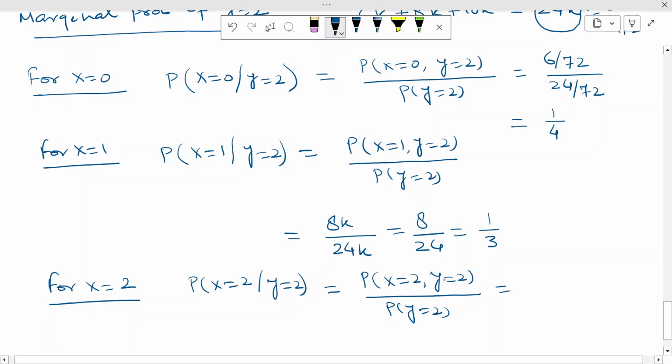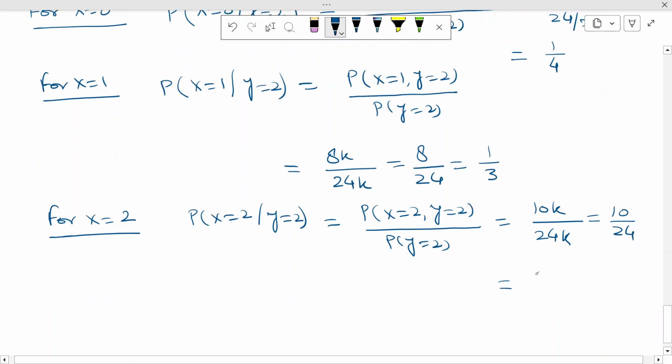Again in the numerator we have the joint probability, which is 10k, divided by the marginal for y equals 2, which is 24k, and this is coming out as 10 by 24, or you can say 5 by 12.